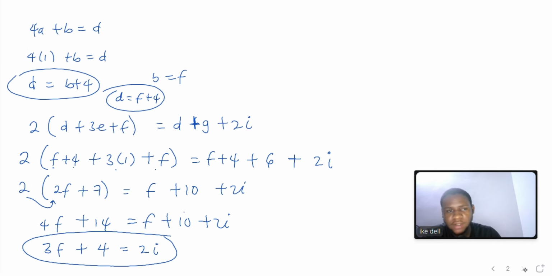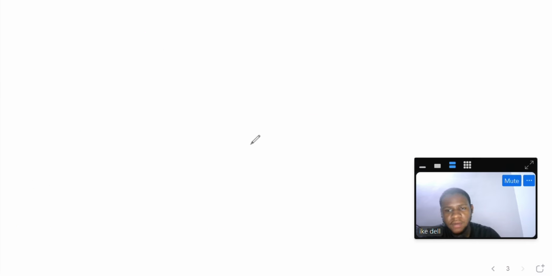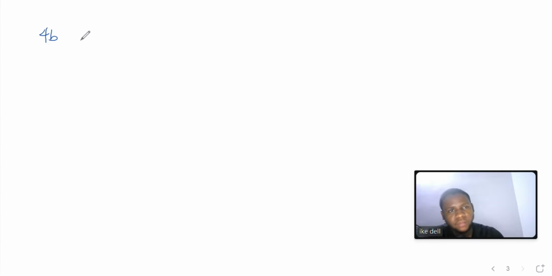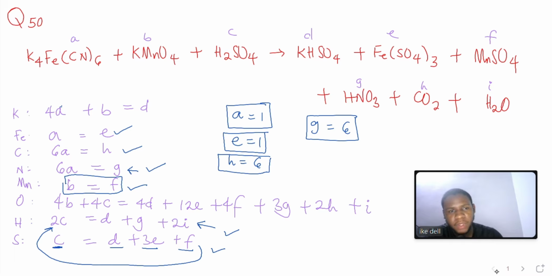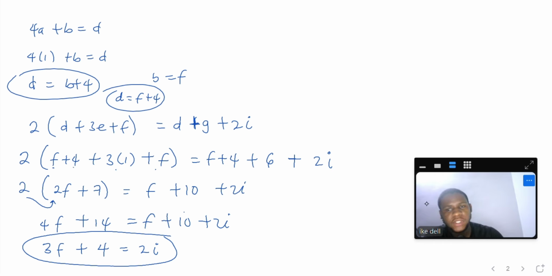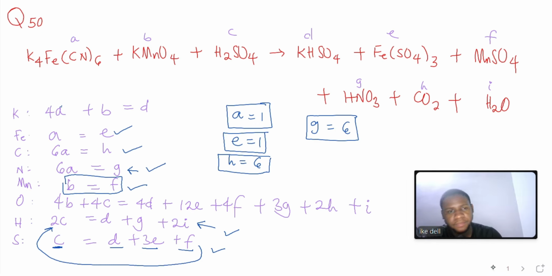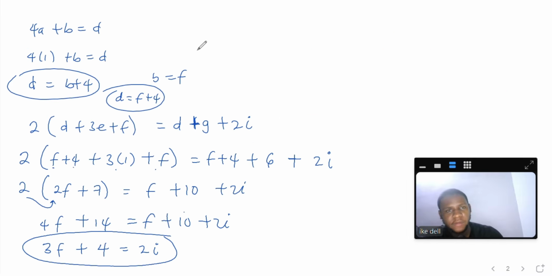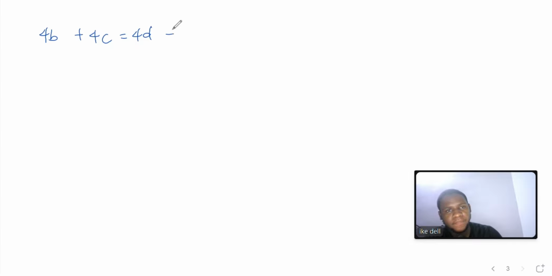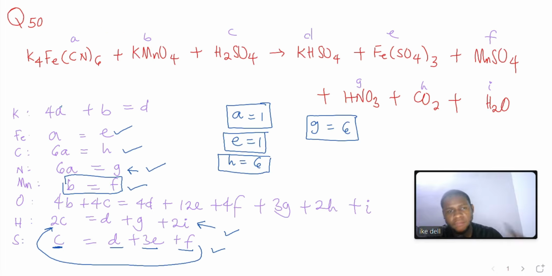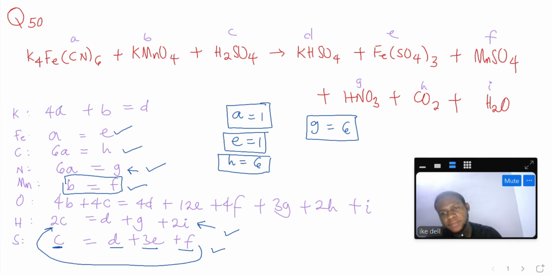I'll just write that here. 4b plus 4c equals 4d plus 12e plus 4f plus 3g plus 2h plus i.